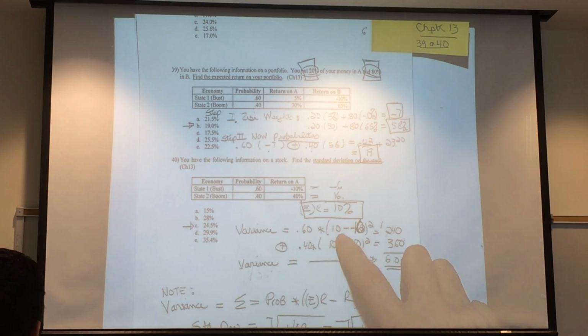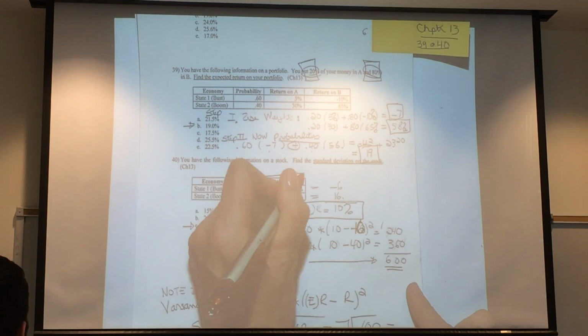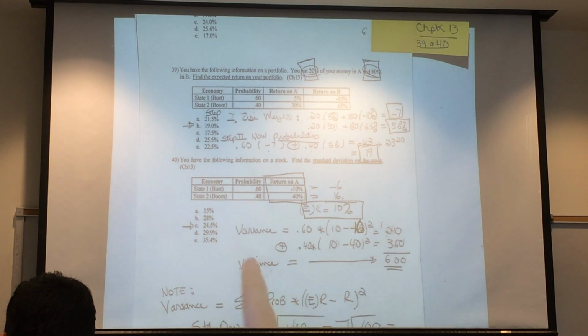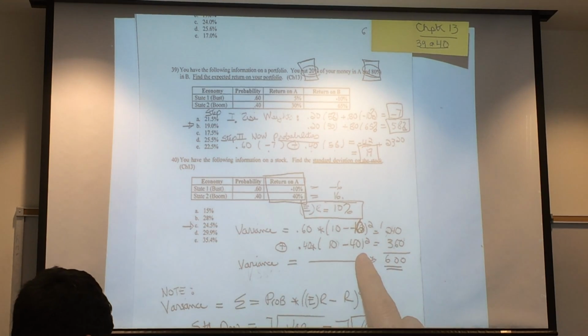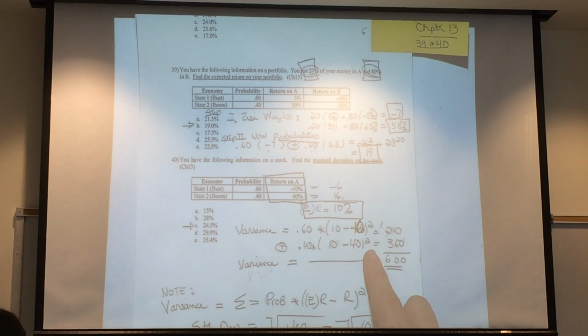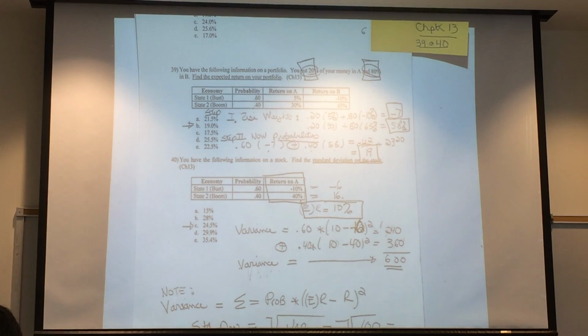So it's 10, which is your expected return, minus the -10. Square it, multiply it by the probability, and do the same thing for the second state. Add them together, that's your variance.